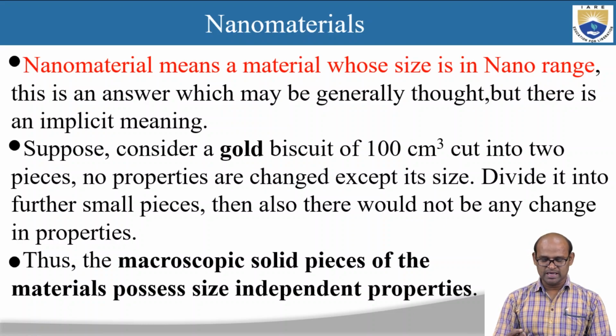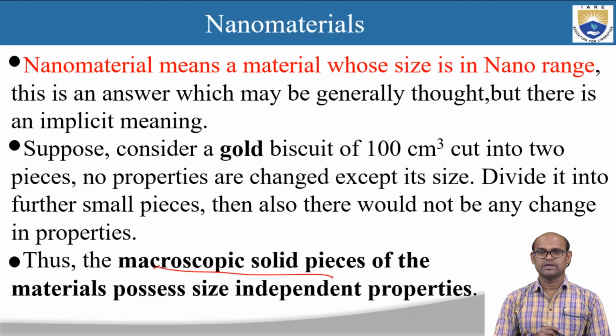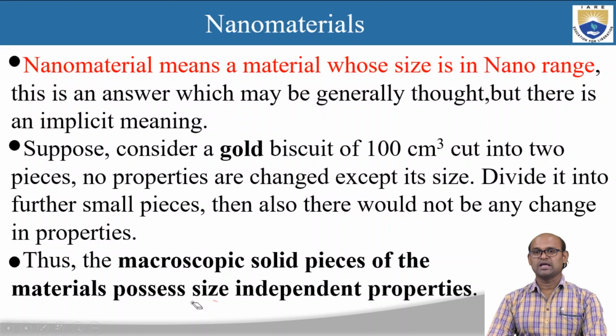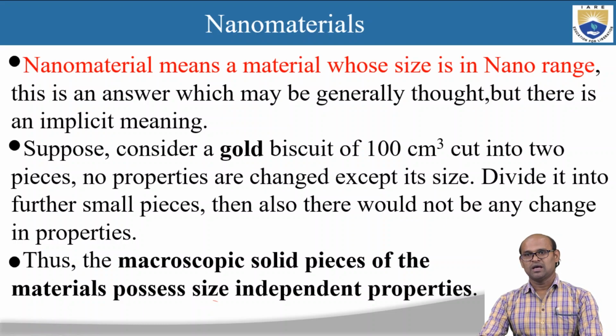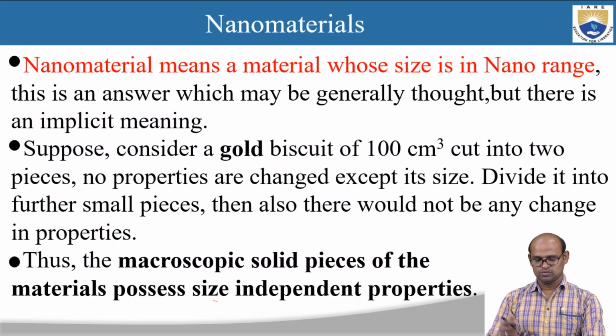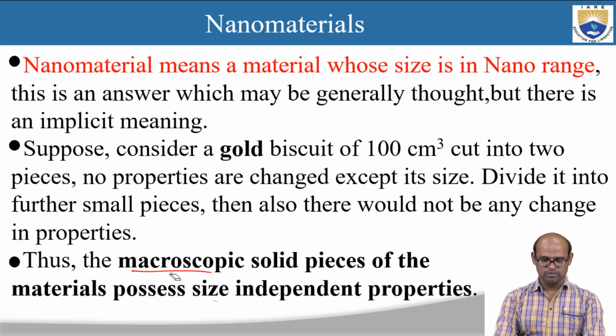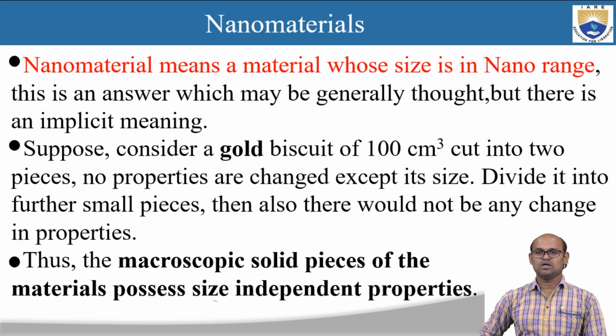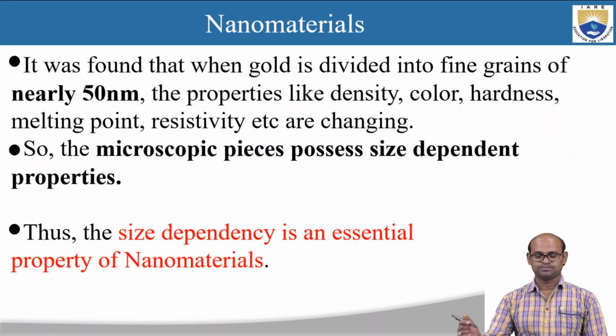When you are in macro scale, in centimeter scale, as you cut further and further, you will still be in macro scale and there will be no change in properties of these materials.